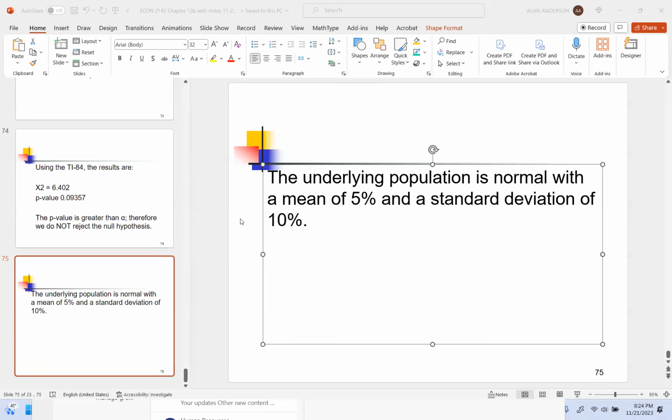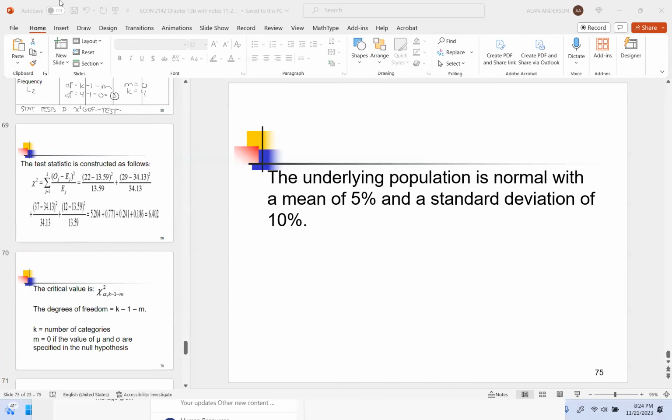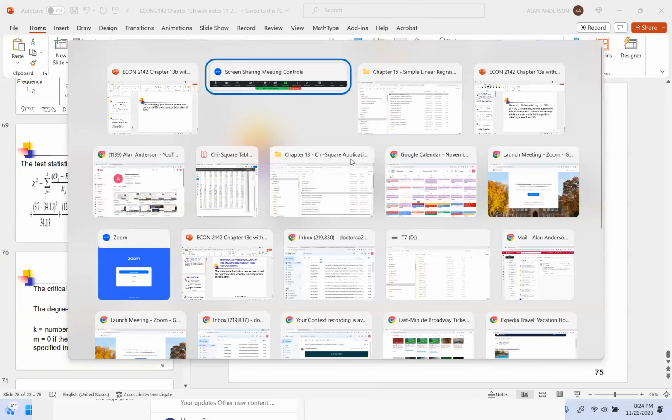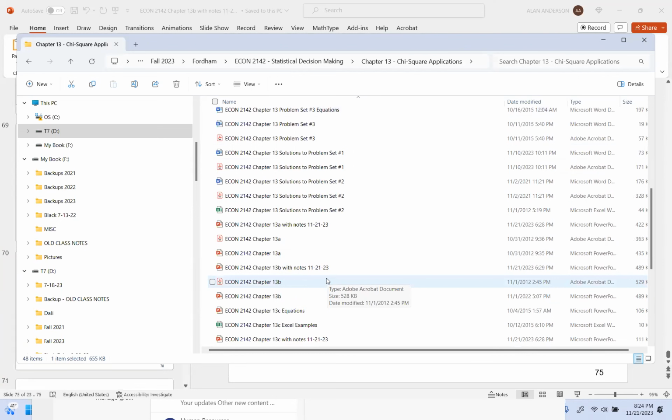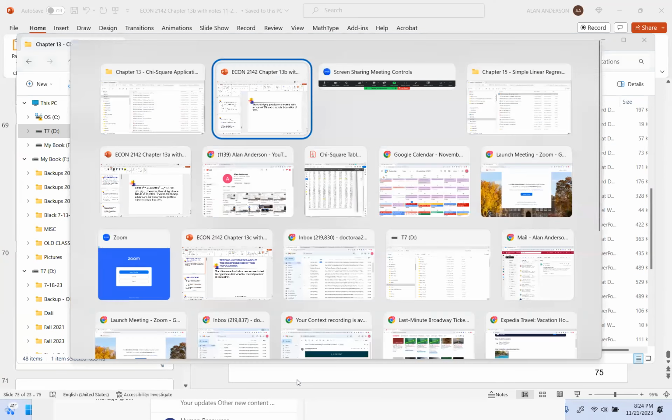All right, so now we're ready for our last section of chapter 13, which is our discussion about, let me get it open and show you. Let's see.